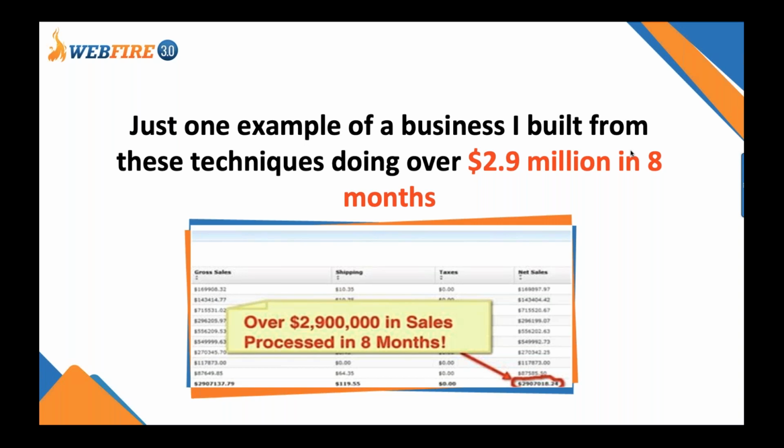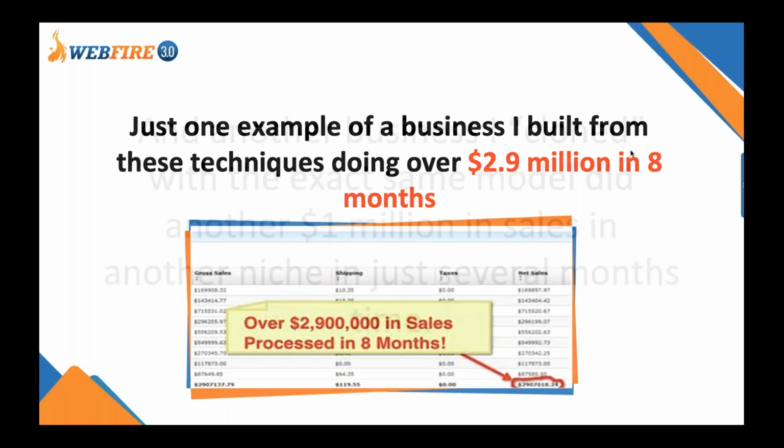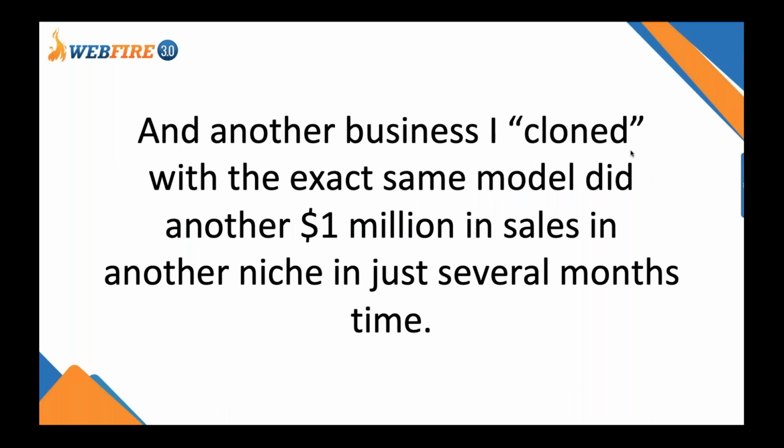They make a tiny fraction of what their projected amount is. That's why I only give numbers based upon the physically processed amount, which is what you see there. And another business I cloned with the exact same model as the one you just saw did another $1 million in sales in another niche in just several months' time.